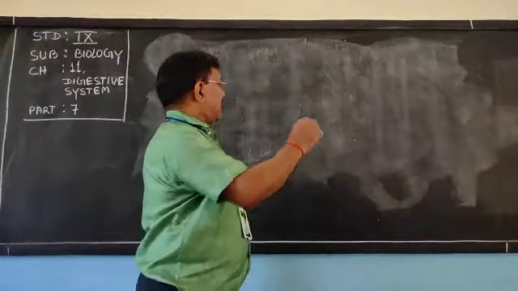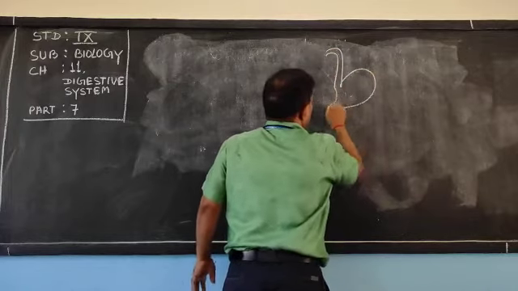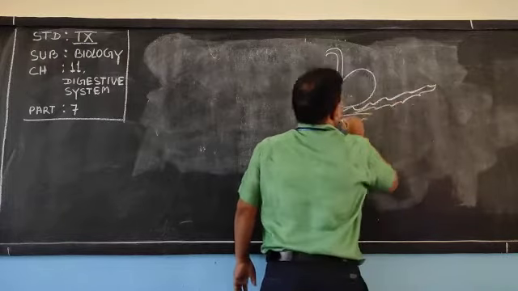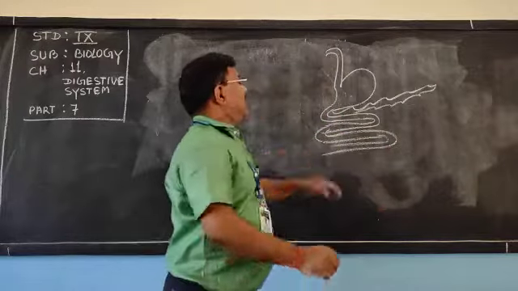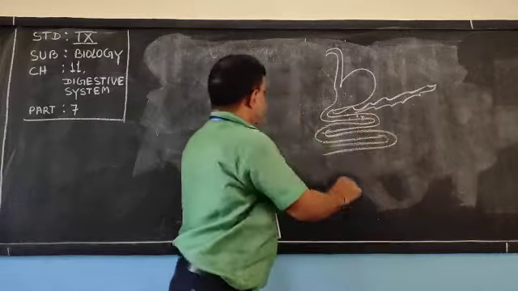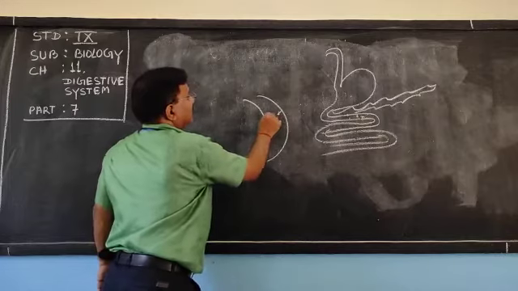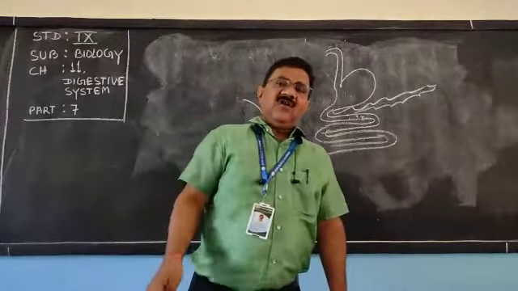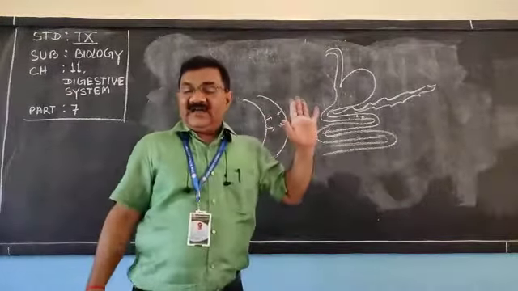Now the small intestine. This is the stomach and this is the pancreas. This is a small intestine, and I am talking about the inner wall of the small intestine. Suppose this is a small intestine: duodenum, jejunum, ileum. The inner wall of the small intestine also acts as a gland and releases some enzymes.